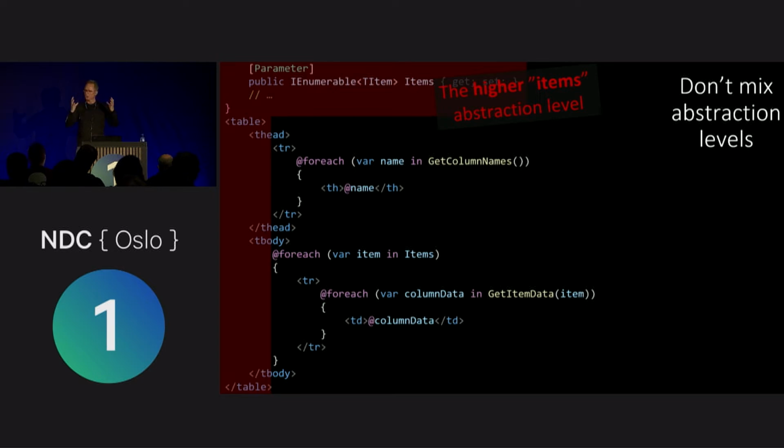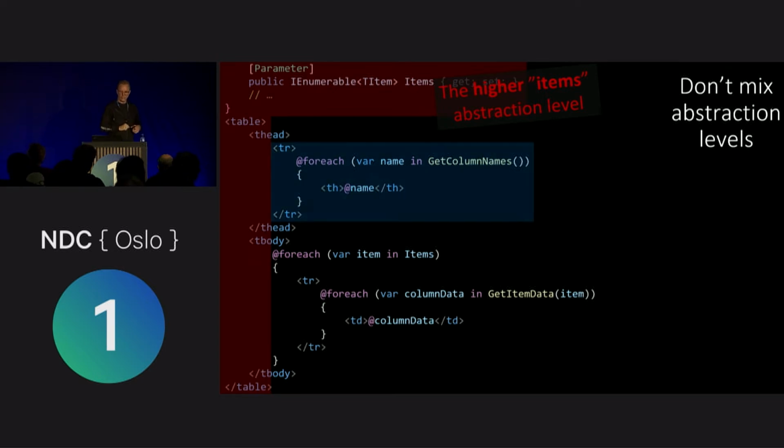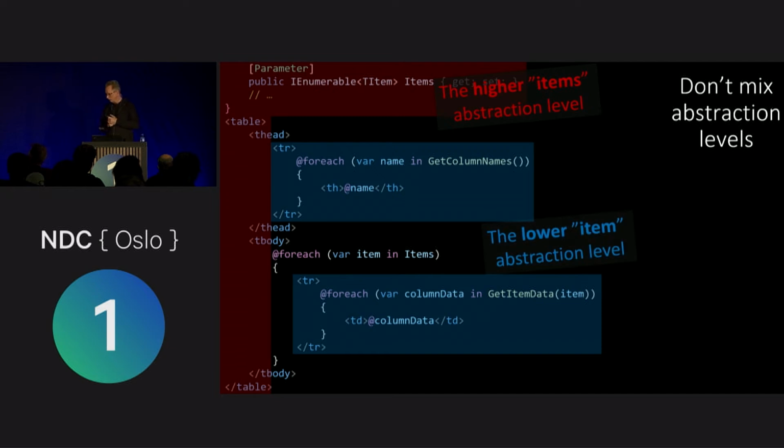All of that code highlighted in red is about the multiple items, whereas the blue parts are about the individual item. You can say that's an edge case around the column names, but it's a different level of abstraction, I feel. So this is an indication that there's something we can do here to refactor this and split it up.